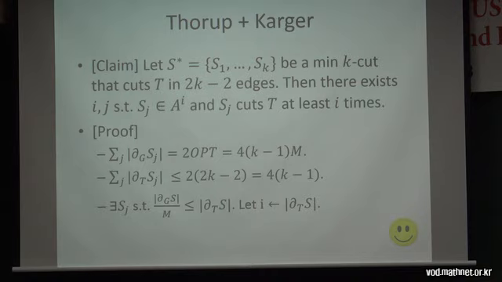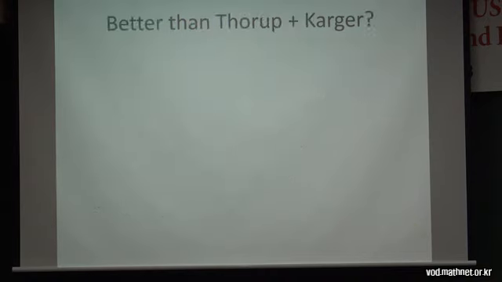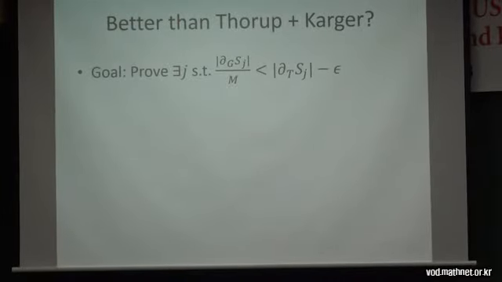So this was the claim. But still, so far we didn't get anything. So let's see where we can improve. We are going to be happy if we find j such that the normalized boundary of Sj with respect to G is slightly less, but strictly less, than the tree edges.